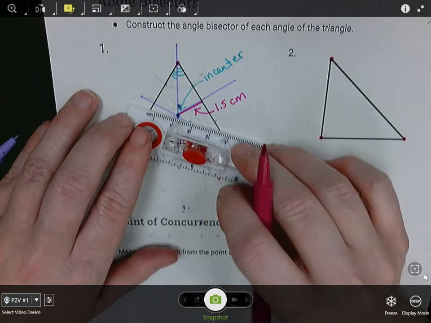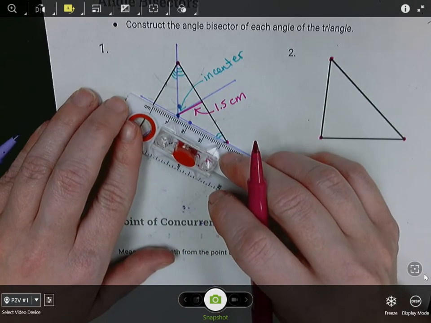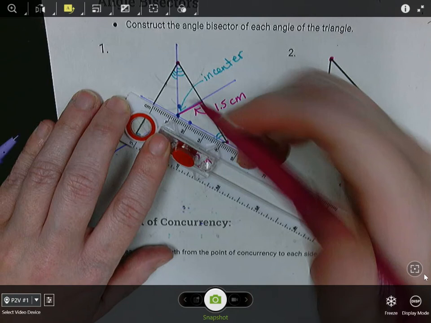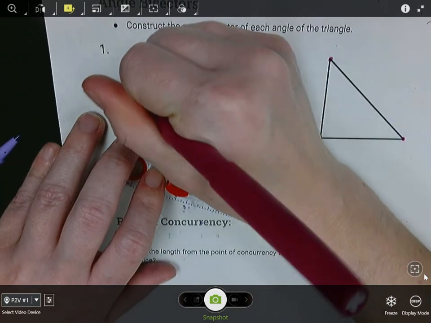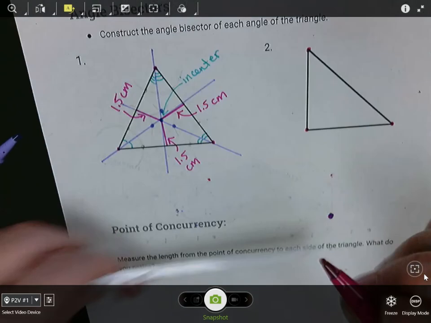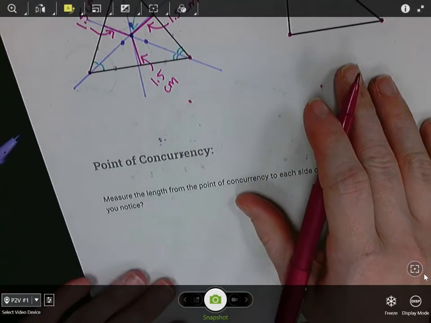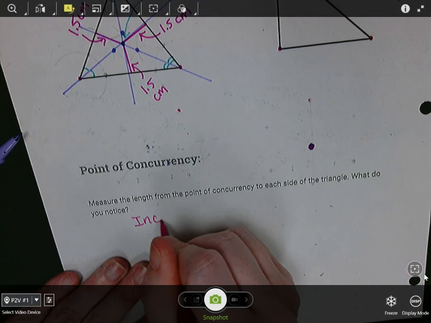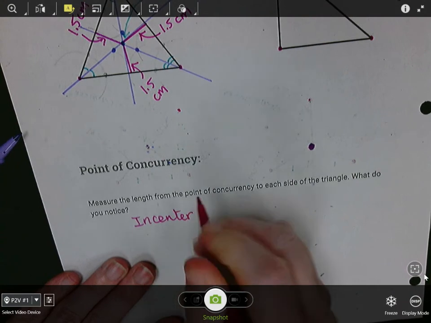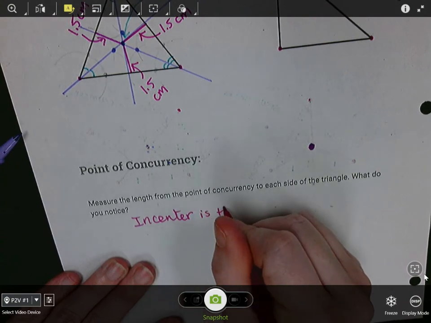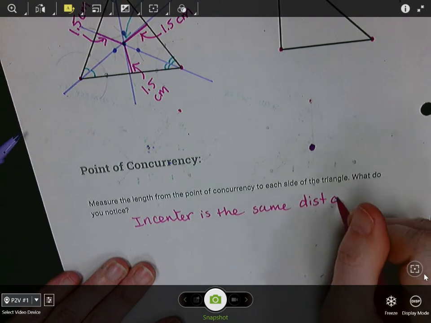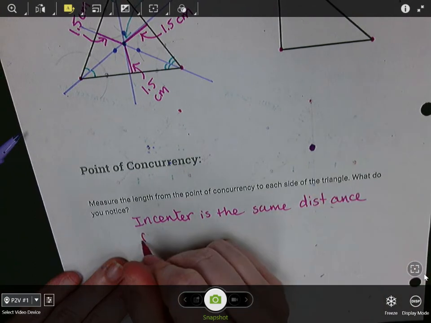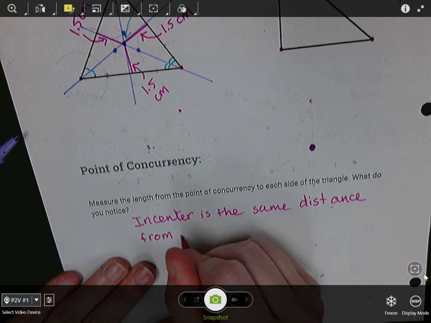And if I were to measure to this side of the triangle, that one's also about 1.5 centimeters. So the special thing about the incenter is that the incenter is the same distance from each side of the triangle.